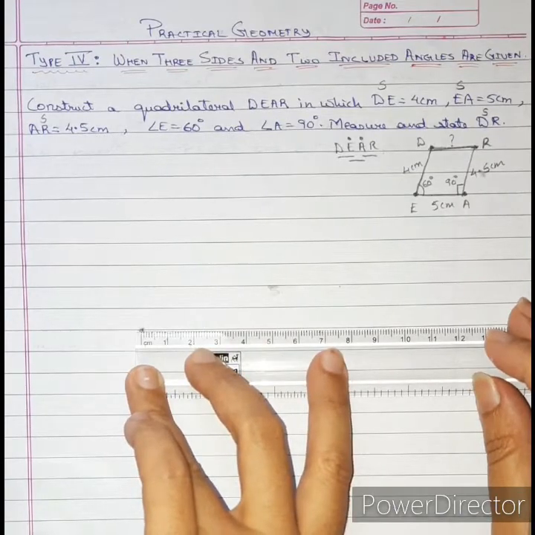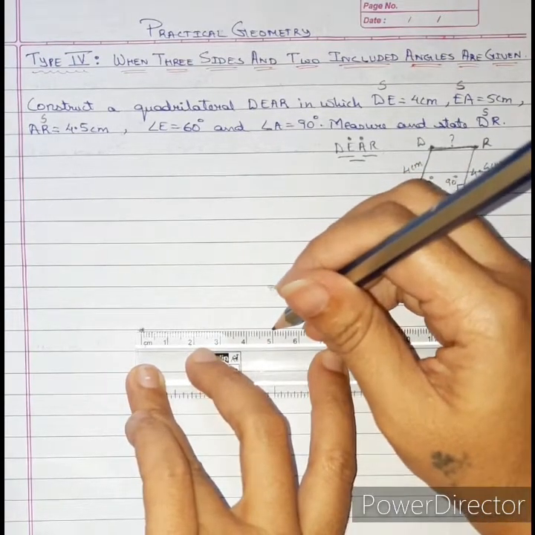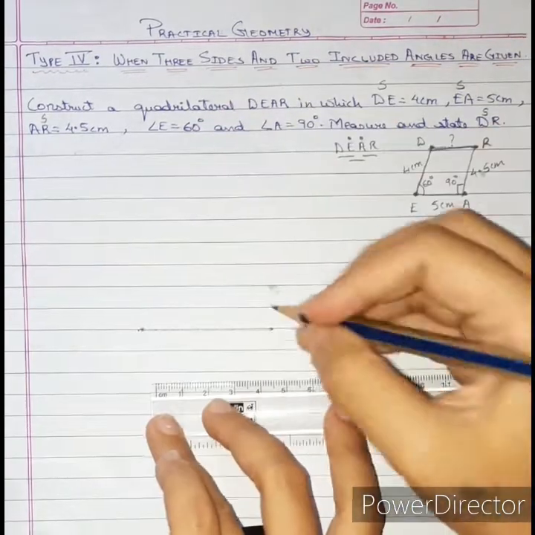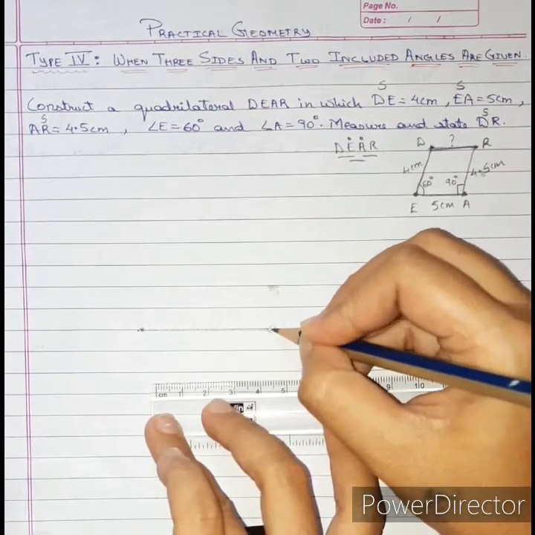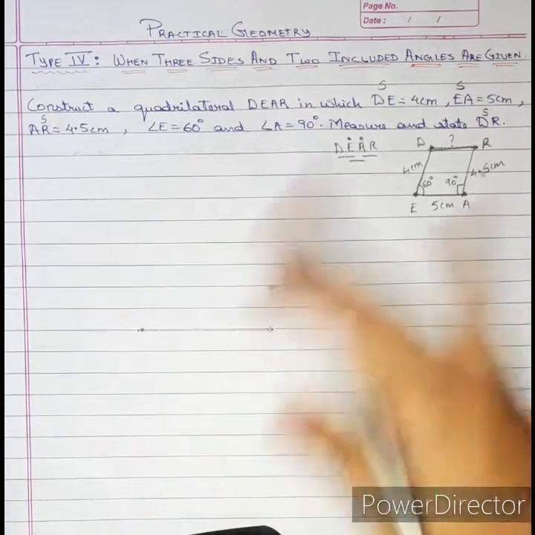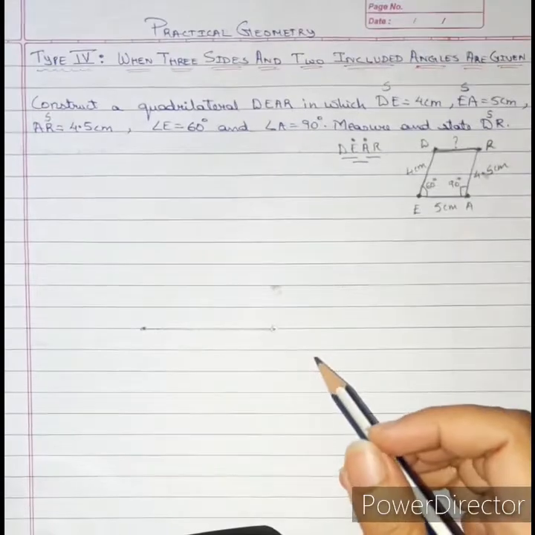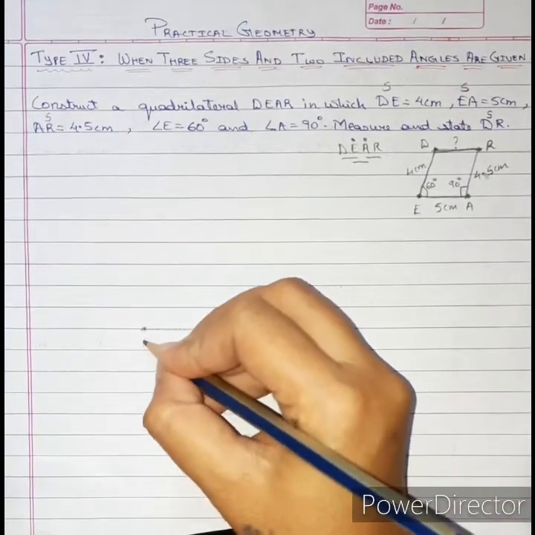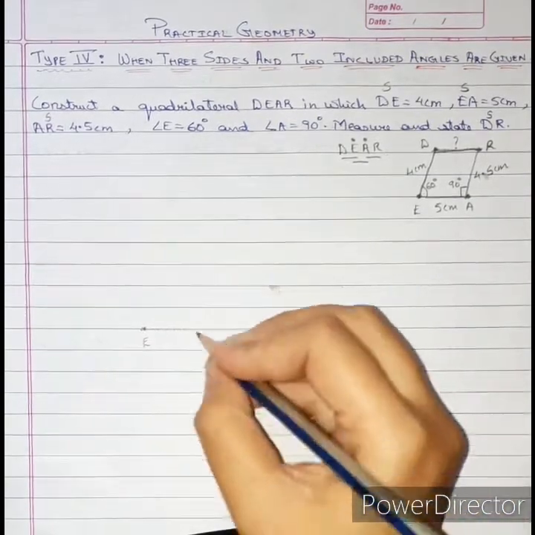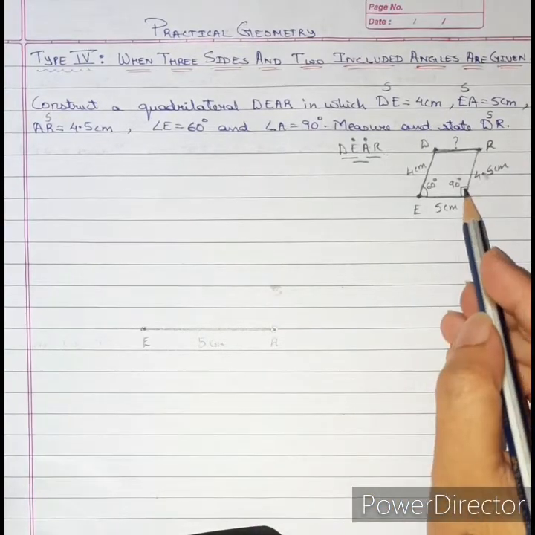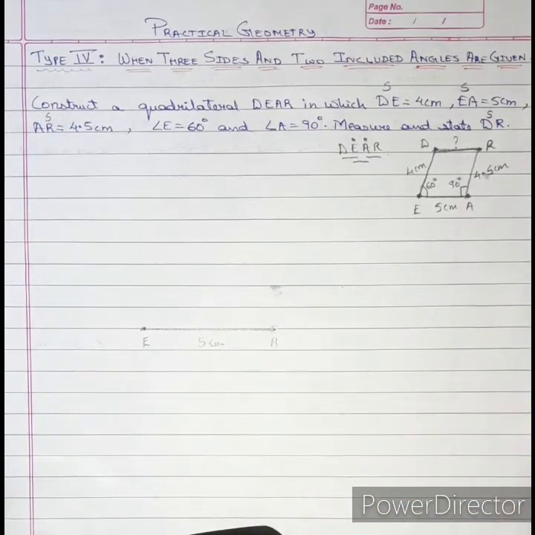See that you don't tear the page. So this is EA, which is 5 centimeter.